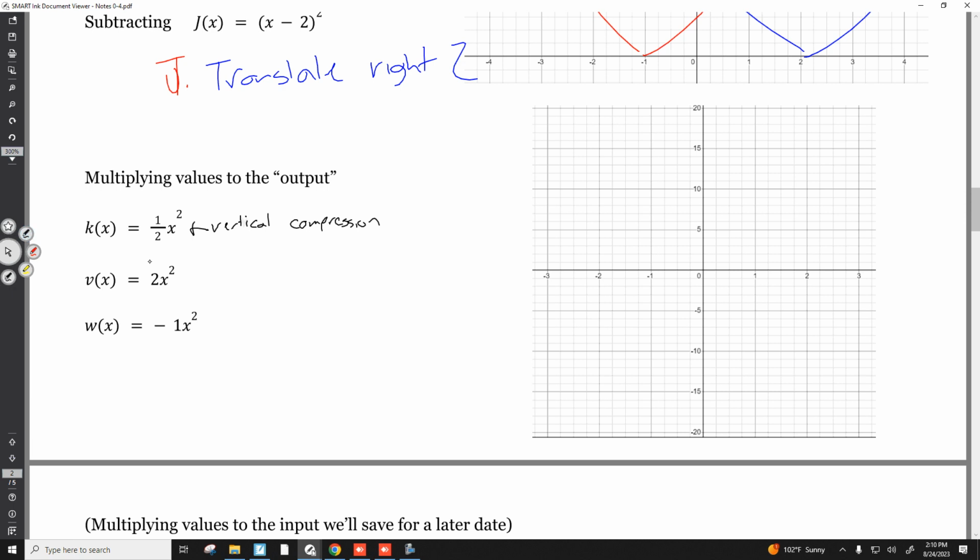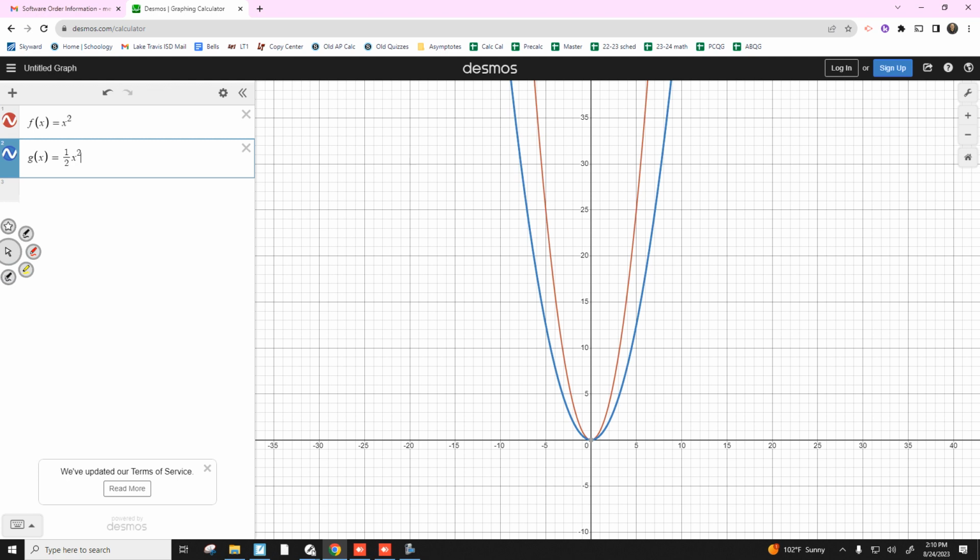What happens? Tell your neighbors. Why does it stretch out? Think order of operations. You have your x squared values.